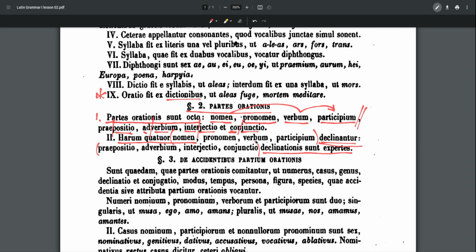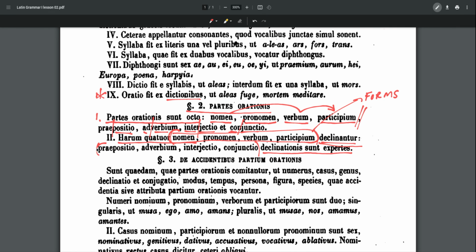Now, why this is important is because in Latin grammar, for these first 4 parts of speech, nouns, pronouns, verbs, and participles, we're going to have to learn all of their different forms. And that's what we're going to study for most of our time in Latin Grammar 1. We're going to study the forms of nouns, pronouns, verbs, and participles.